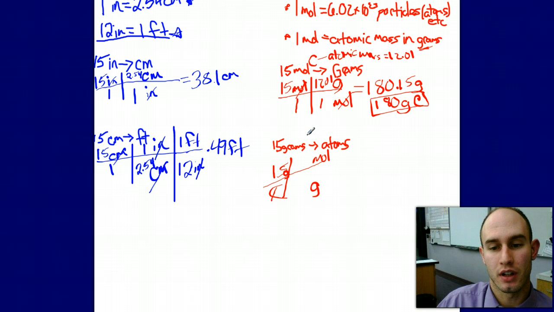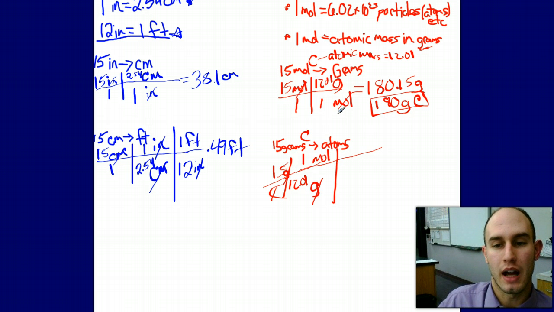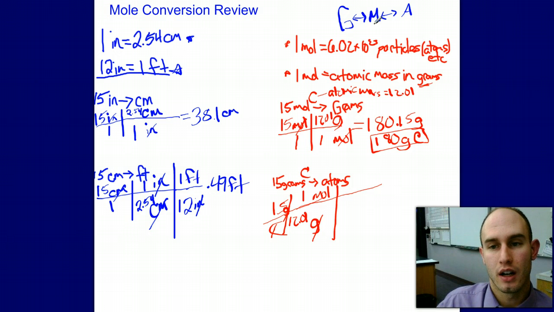Again, for this one, we can do carbon. So 1 mole, and it's 12.01 grams of carbon in 1 mole. I'm now currently in moles, and I want to get into atoms. I can go from M to A according to Grandma says so, M to A.